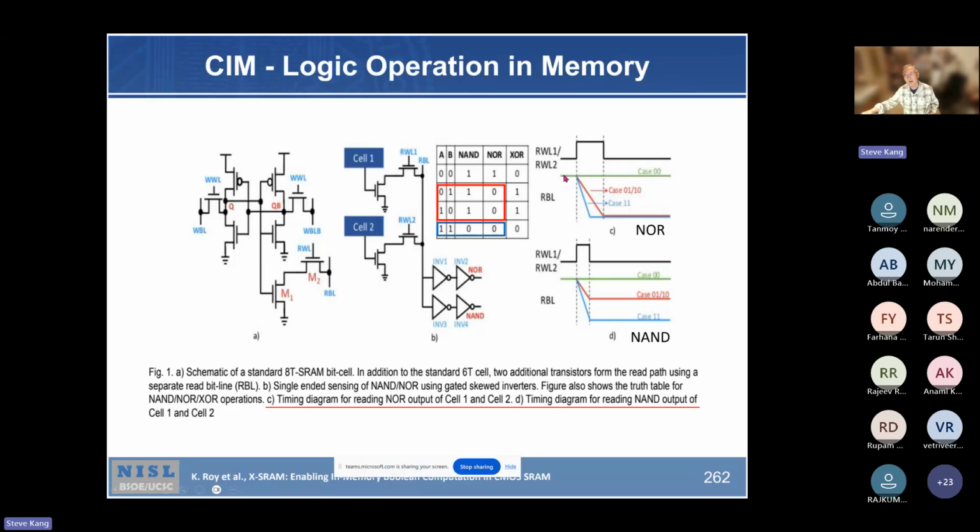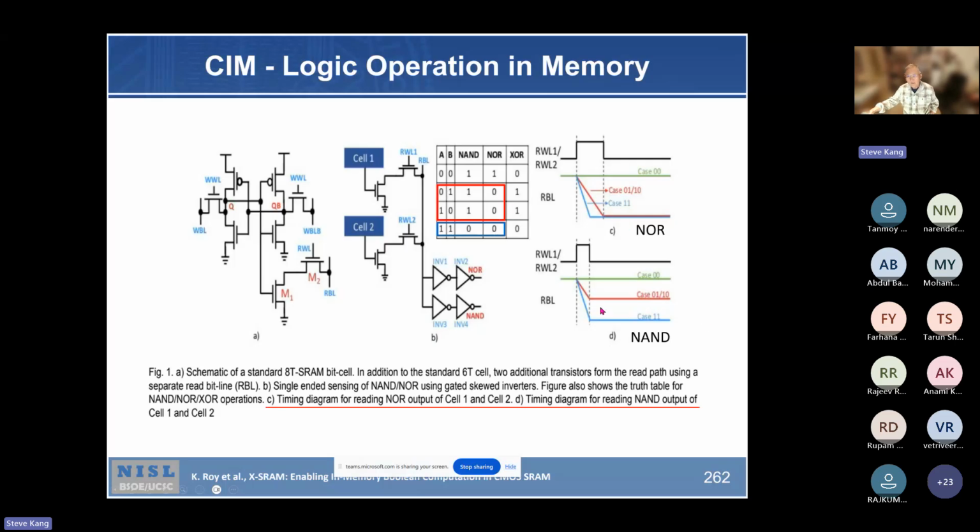If it is initially high and then comes down and settles here. If it's case 1,1, it comes down quicker and settles here. So if you wait long enough, you will get to NOR operation, see? 0,0 for instance, you get 1,1 here. So you get 1. And in those two cases, you will get a 0 out here. So it's realized, the NOR function.